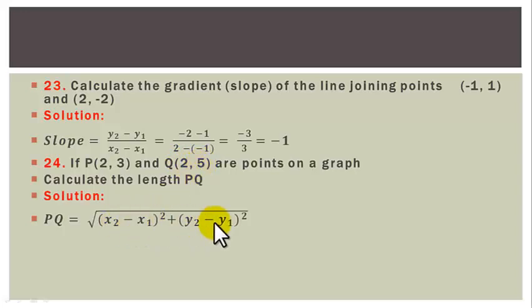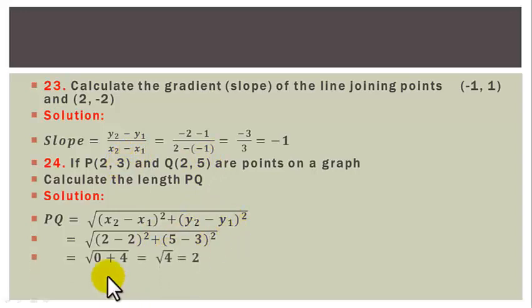So putting them into the formula, we have x2, which is equal to 2, minus x1, which is also 2. That is 2 minus 2 all squared, plus y2 minus y1 is 5 minus 3, that's 5 minus 3 all squared.